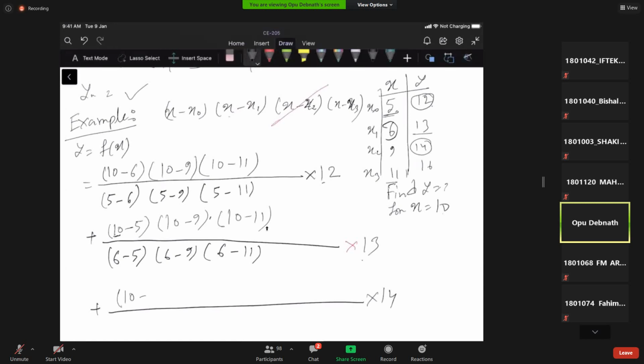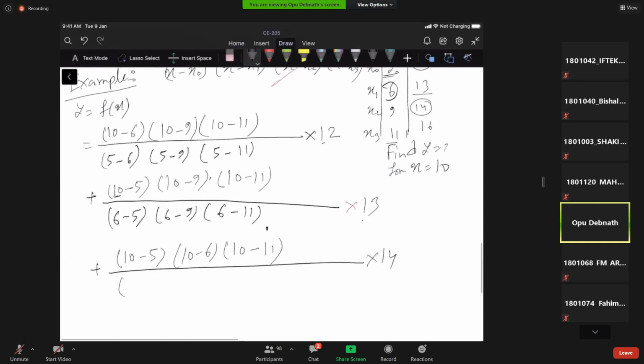That means 10 minus 5, 10 minus 6, 10 minus x2 which is 9, so this one is omitted, and 10 minus 11. In the bottom portion the corresponding value is 9. So 9 minus 5, 9 minus 6, 9 minus 11.